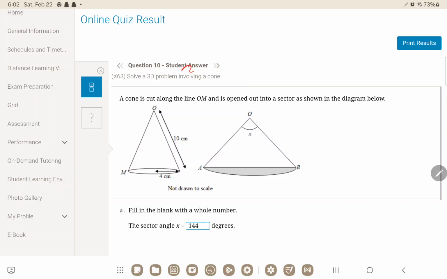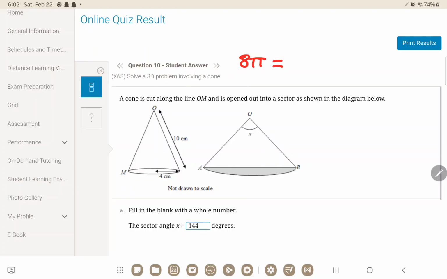We know that this sector angle is equal to this. What is this? This is the circumference, which is 2 pi r. So 2 times 4 is 8 times pi, which is 8 pi. We're not going to actually do it.